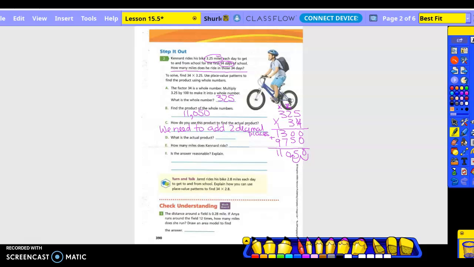So then if I loop it over 2 times, then I'm going to have what? 110 and 50 hundredths, but can I also just drop the 0? Yeah. And then put 5 tenths. So how many miles does Kenneth ride?